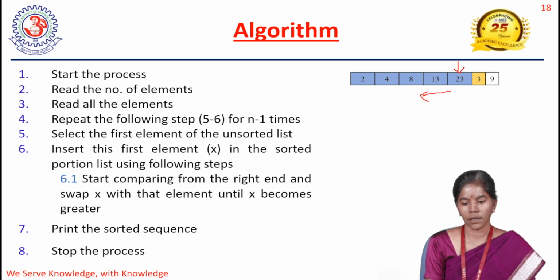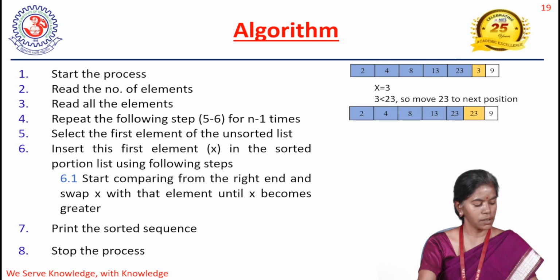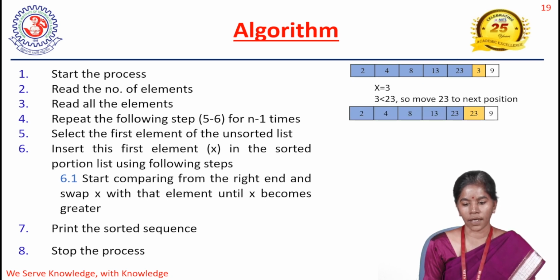So here, 23, we are starting from the first thing, that is the right end. 23 is greater than 3. So you just move 23 to the next position. We have to move 23 to the next position and 3 will be in the variable x.